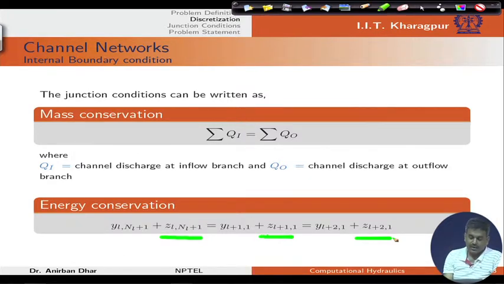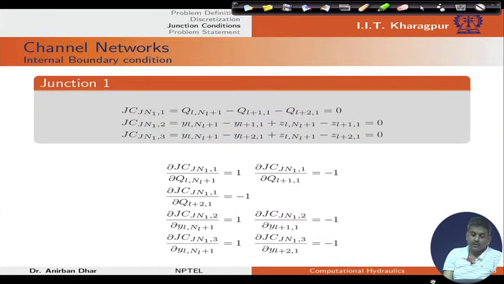Otherwise, we can directly consider the flow depth conditions. For junction, let us say that we have junction 1. For junction 1 we have this continuity condition, then we need to satisfy the energy conditions, and for energy we have two conditions.